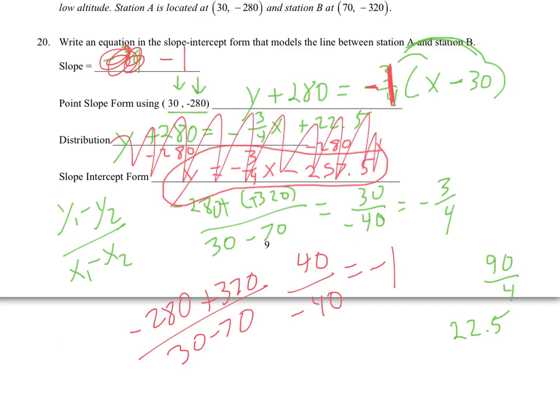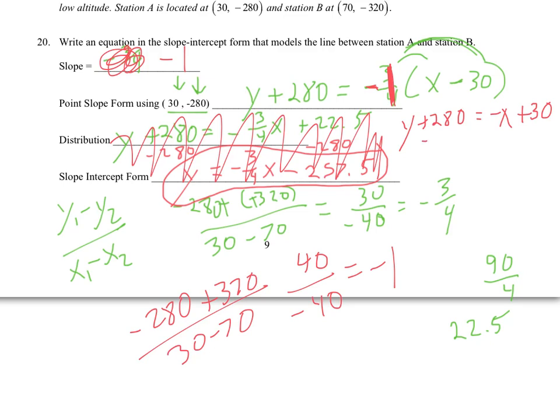When I distribute that, this is a mess, isn't it? When I distribute that, I get y plus 280, -1 times x should give us -x. -1 times -30 would give us +30. So that is my distribution.